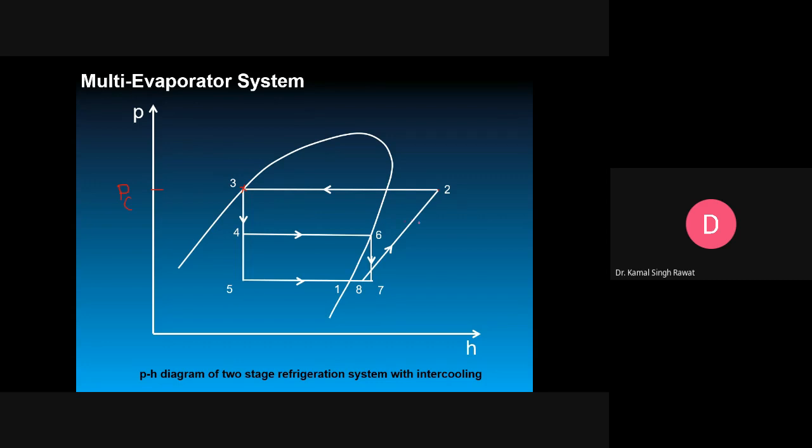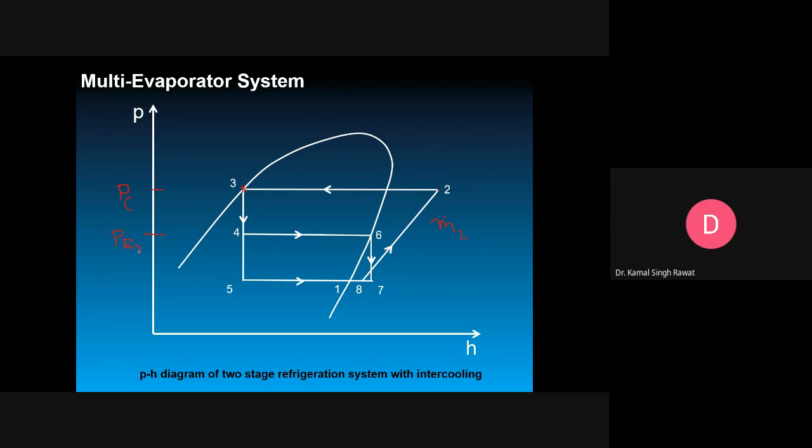So in the compressor we are dealing with a mass flow rate of m dot 2. So at the outlet of the condenser the mass flow rate is m dot 2. Now from point 3 we have two processes, 3 to 4 and 3 to 5. 3 to 4 is the isenthalpic expansion from the condenser pressure to the second evaporator pressure.